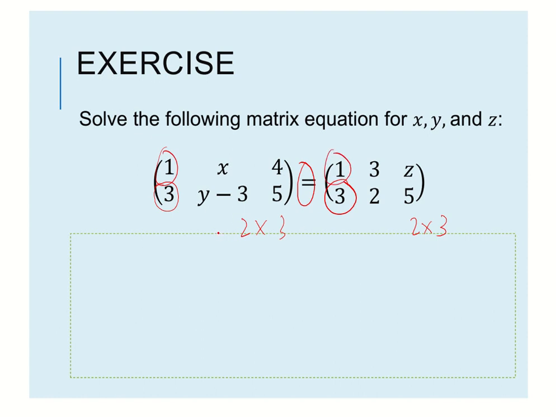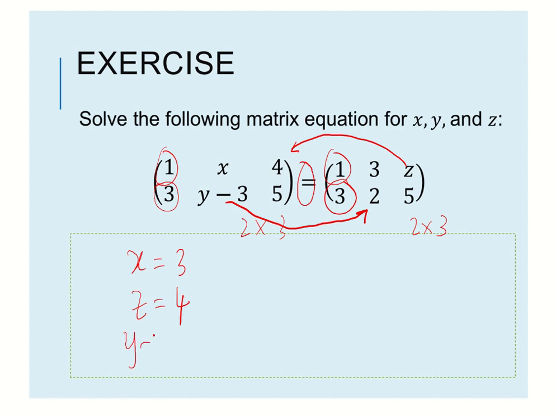Now, in this case, we can know the value of x. Since they are equal, x should be equal to 3. And how about z? The z is equal to 4. And y minus 3 should be equal to 2.